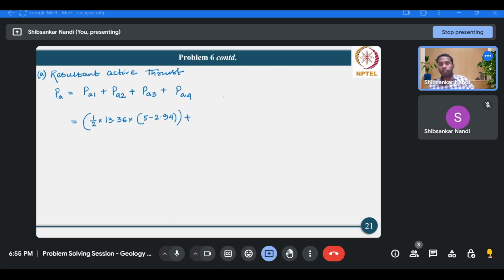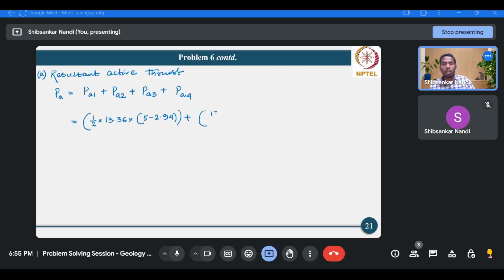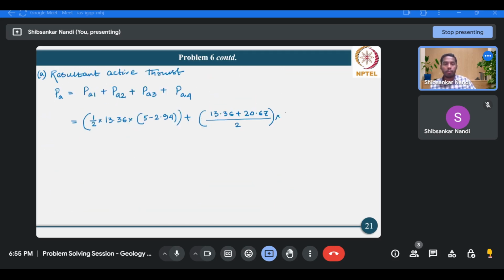Okay, plus PA2, it's a trapezium, so the sides of the trapezium are 13.36 and 20.67. 13.36 plus 20.67 by 2 multiplied by the height, and the height is 8 minus 5.